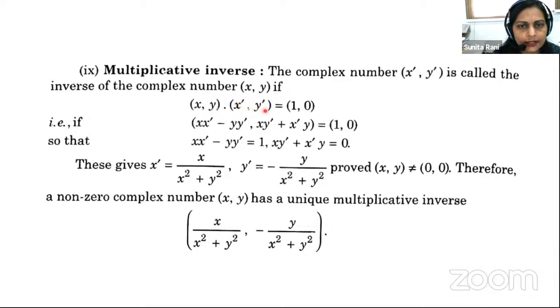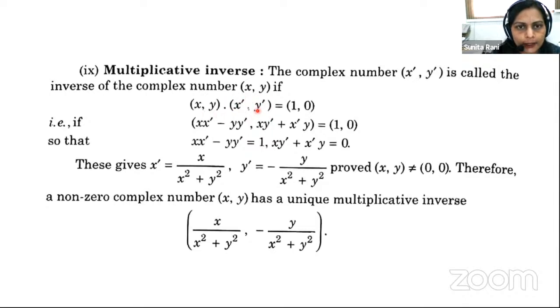Suppose (x dash, y dash) is the inverse of complex number (x, y), and x plus iota y multiplied by x dash plus iota y dash is equal to 1 plus iota 0. It should be this, and we have to find this inverse. What is the value of x dash, y dash?